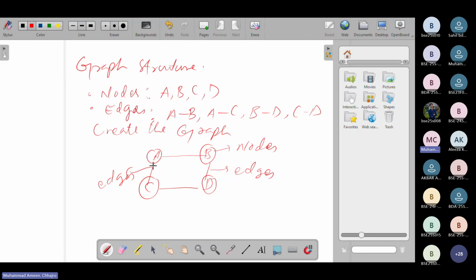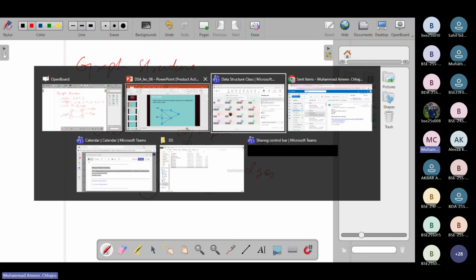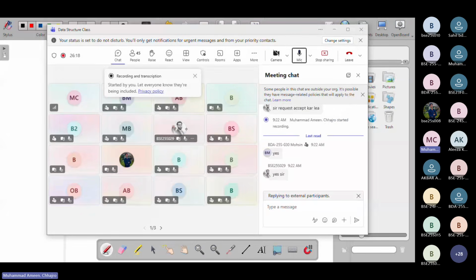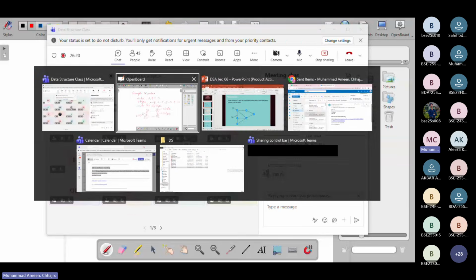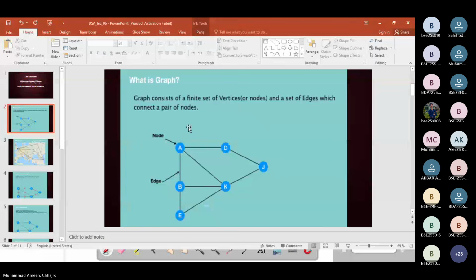So whenever you have been given the nodes that can be any number, and you are being given the details of the edges, then you can create a graph data structure, right? So this is a very simple idea for the graph data structure that you can create.